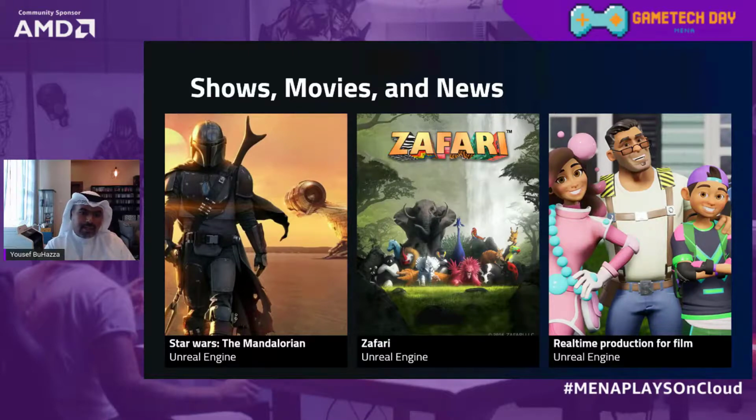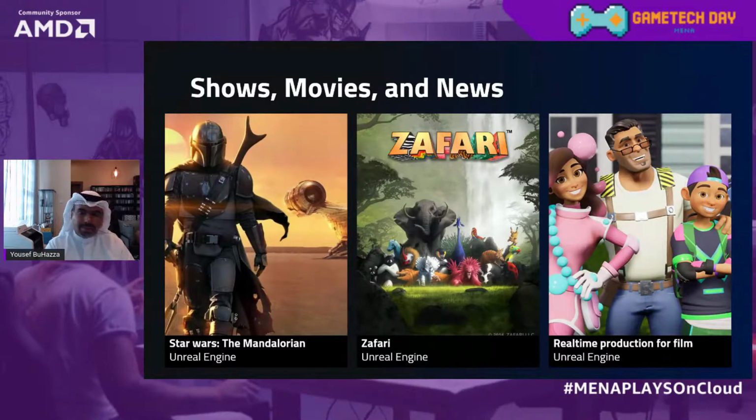Safari has an interesting case where it used to take about 3 months to produce a single episode, and they've reduced that to about 3 weeks.